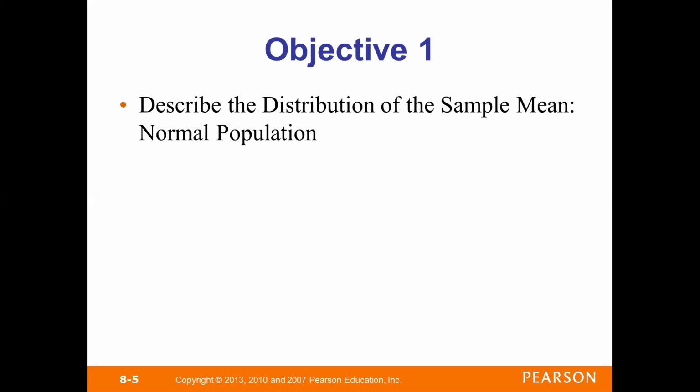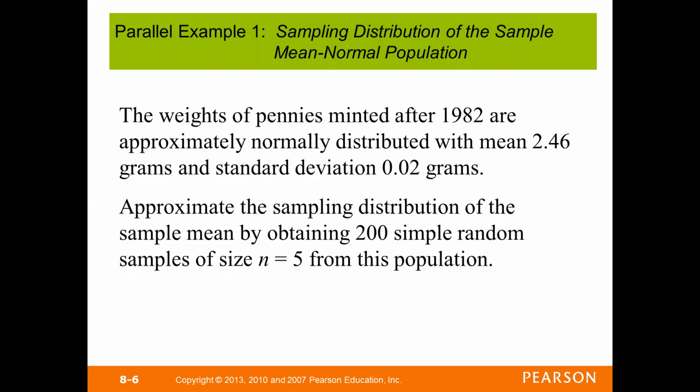Now, it makes sense that there would be a relationship between the population mean and the sample mean, and the standard deviation of the sampling distribution and the standard deviation of the population. Why would there be a relationship?